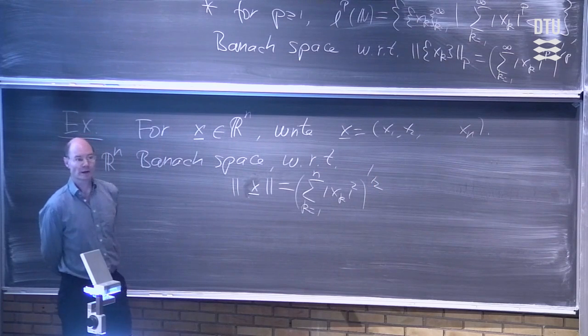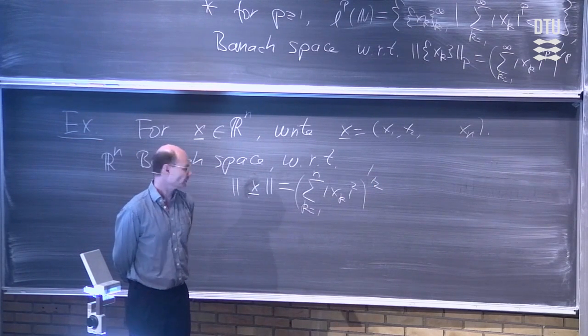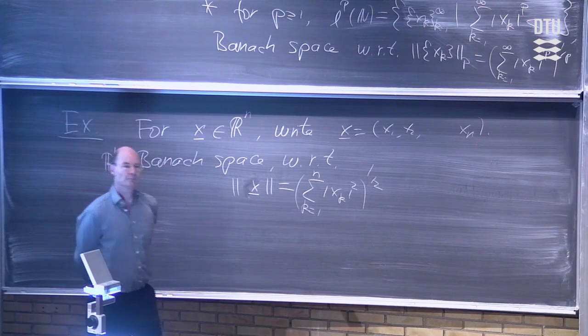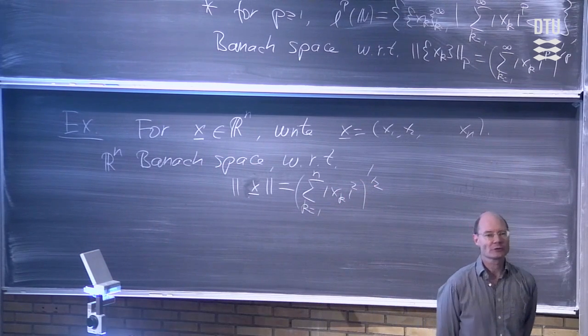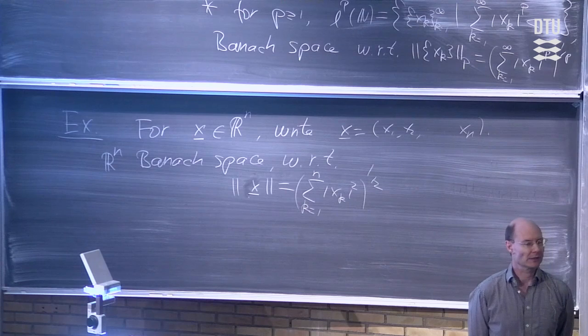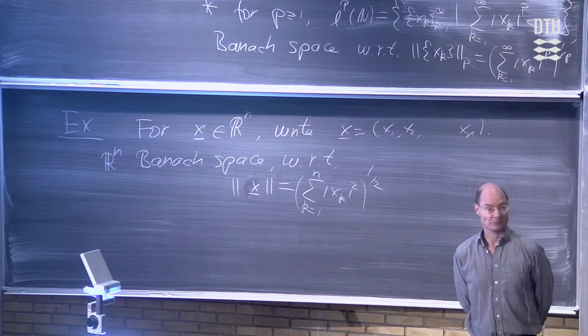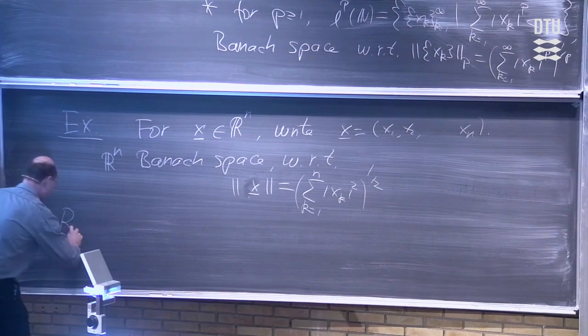So this is what you know already from Mathematics 1 or whatever course you had at the beginning of your education. The reason that I want to state this again is that if you think back about what you did at Mathematics 1 or whatever you had at that time, you also know that R^n has another concept associated to it. Namely, there's an inner product, a scalar product. So this is something I'll just remind you.